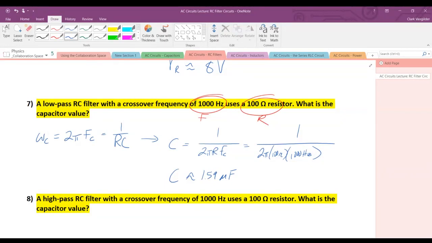And by the way, just note, what is crossover frequency? I guess I wanted to say that earlier. That is when voltage in the capacitor is the same as voltage in the resistor. So one of the things we did in one of our exploratory labs is where you would have this sort of RC circuit, and you would notice that they have most of the time different voltages because they are handling this alternating current differently.